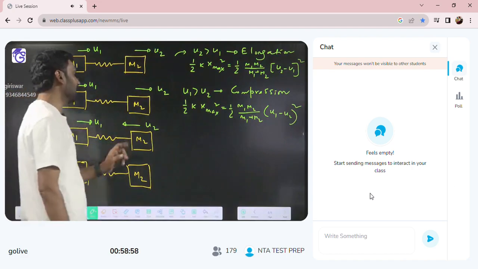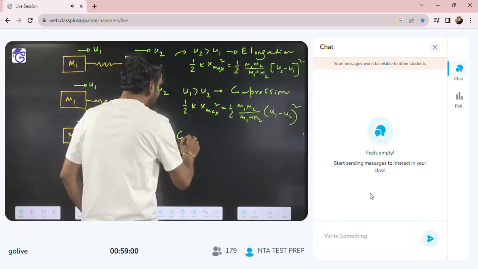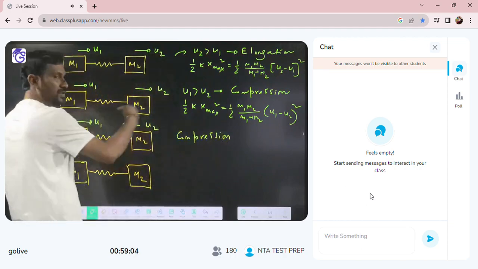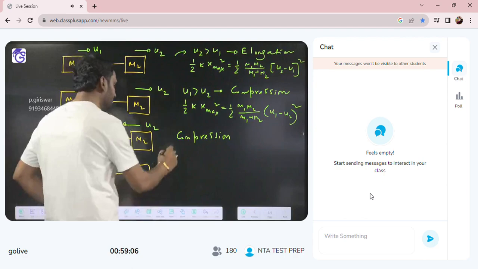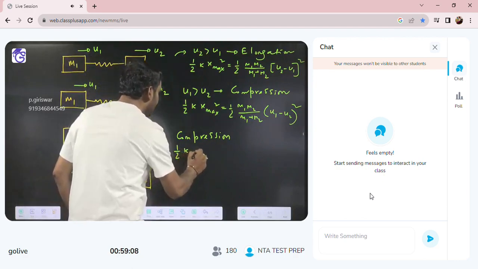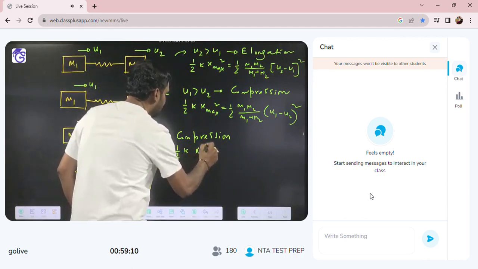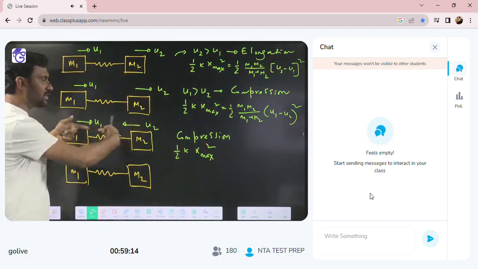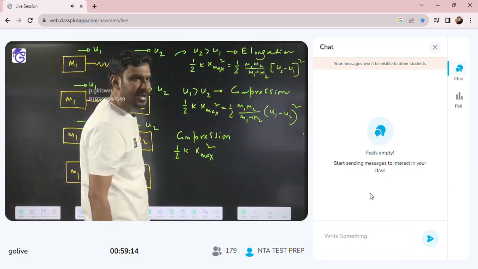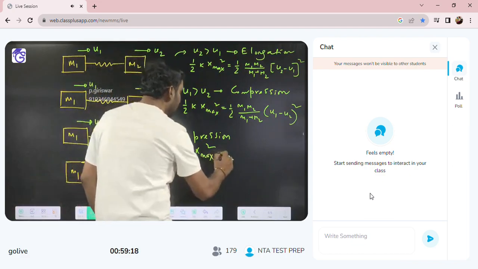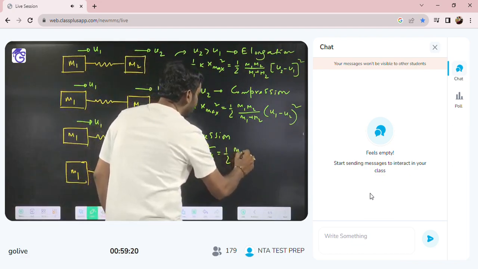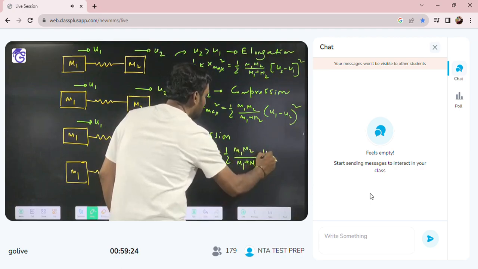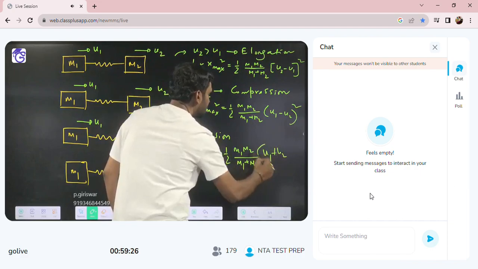Third case, it is visible that they are moving towards each other, means compression. So again, half k x max square. Now they are moving towards each other, so relative velocity is plus. That will be equal to half m1 m2 by m1 plus m2 into u1 plus u2 square.